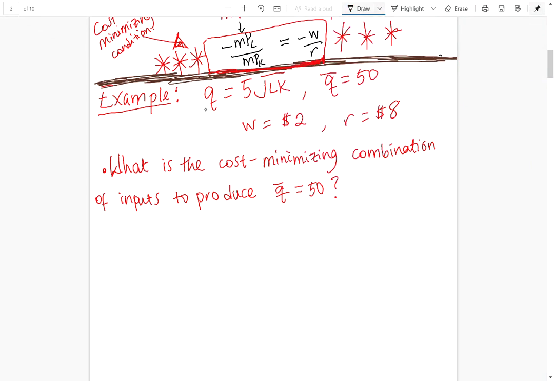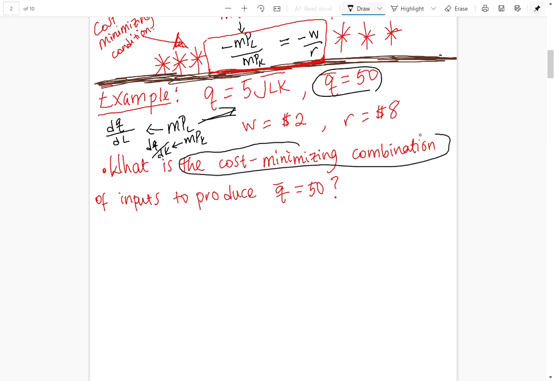This is our production function. We're given a production level of 50. Production function is important for MPL and MPK. Remember, MPL is the derivative of the production function with respect to L. MPK is the derivative of the production function with respect to K. And we have W and R, everything we need here to answer this question. What is the cost minimizing combination? We can do this. Let's go ahead and do it.